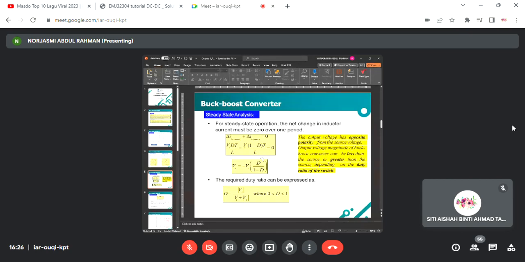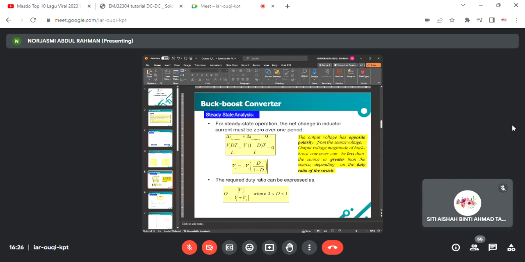And the value for the term d over 1 minus d is going to be 0.43. Right. If you use a duty cycle of 0.1, then the gain will be 0.11. If you use a duty cycle of 0.3, the gain will be 0.43.